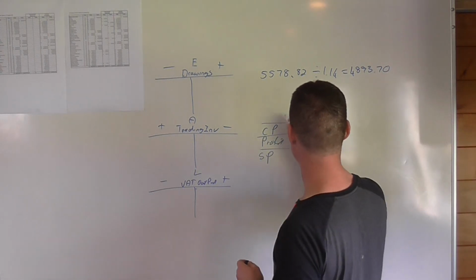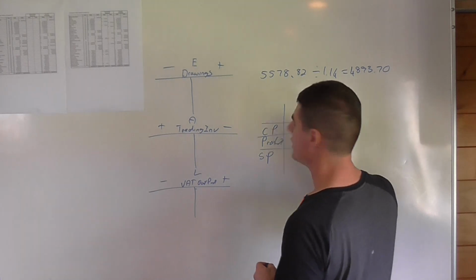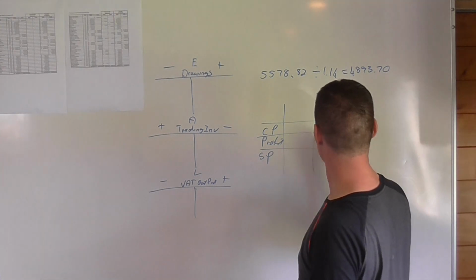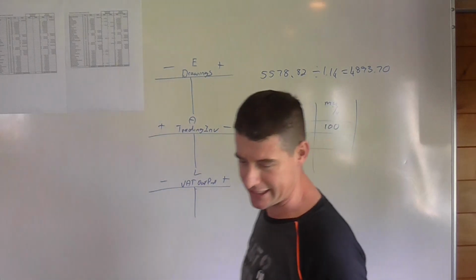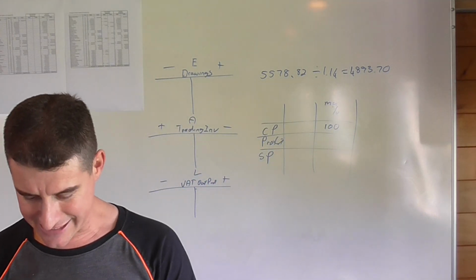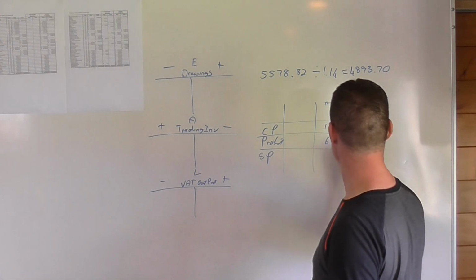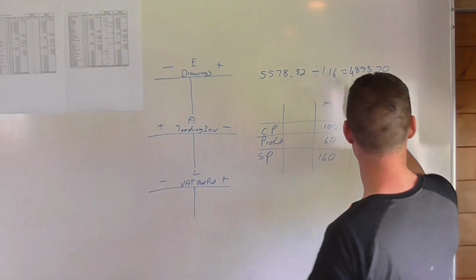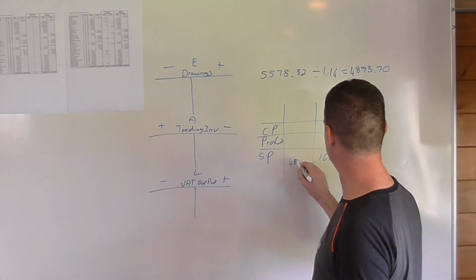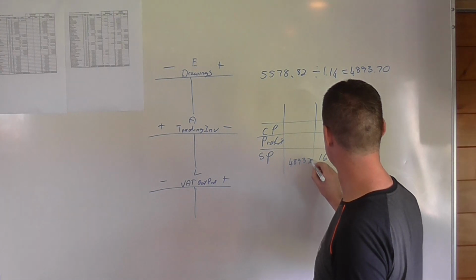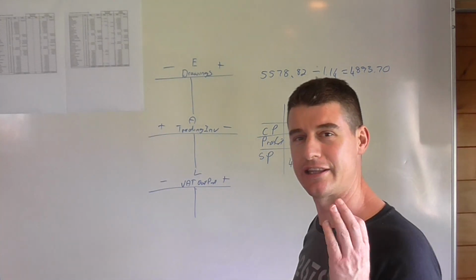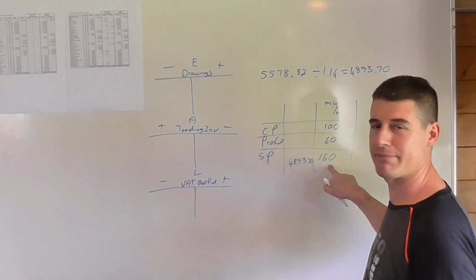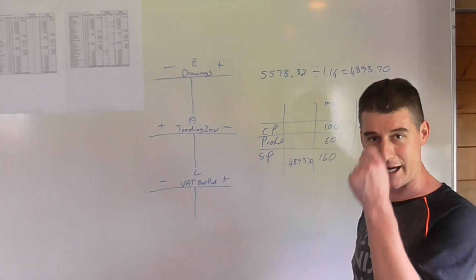And remember, the question said that it's calculated on cost, so we're using the markup percentage. That'll be 100, and it said in the question that it's 60% on cost, so that'll be 60, that'll be 160. We've got the VAT exclusive selling price up there, which is 4893.7. So now we need to calculate the cost price, which is 4893.7 divided by 160 multiplied by 100.